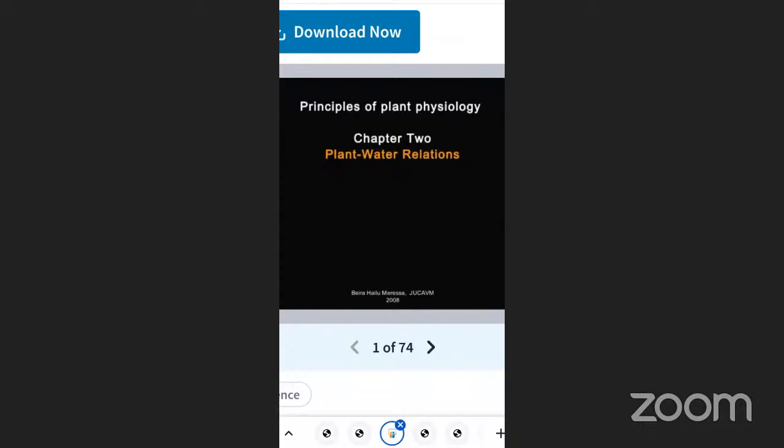The last unit, the 12th, is environmental pollution: soil pollution, water pollution, their causes and how to control them. Today we discuss water-plant relations, the relation between the plant and water and its impact.